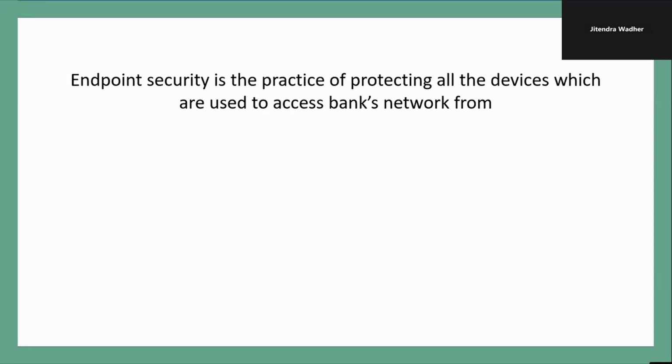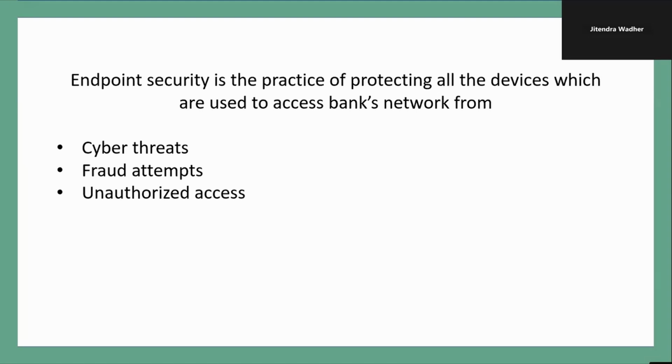Endpoint security is the practice of protecting all the devices which are used to access the bank's network from cyber threats, fraud attempts, and unauthorized access. So who are the people who are accessing the bank network? One is the customer. We use our mobile or laptop or computer to log into the bank's network.